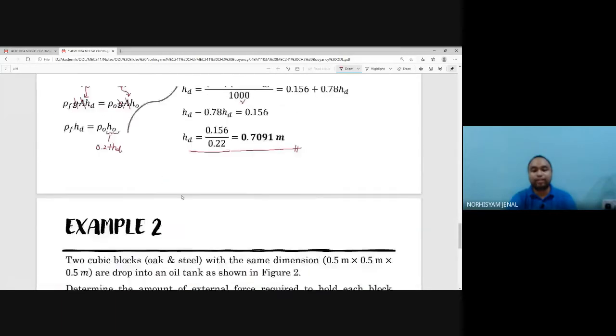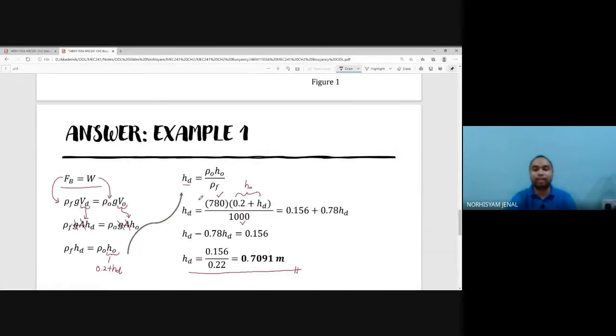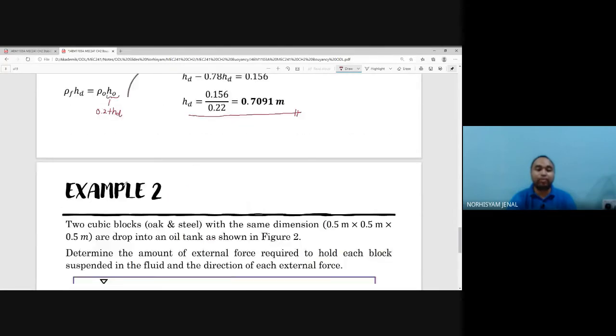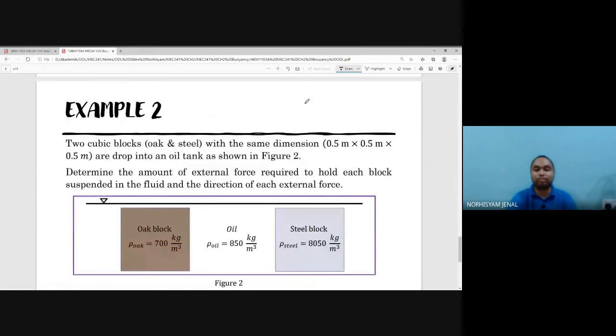Alright, so that's a simple question where you can just use this equation here. I'm giving you the second example. This one is a bit different. Two cubic blocks, oak and steel, with the same dimensions, 0.5 times 0.5 times 0.5.